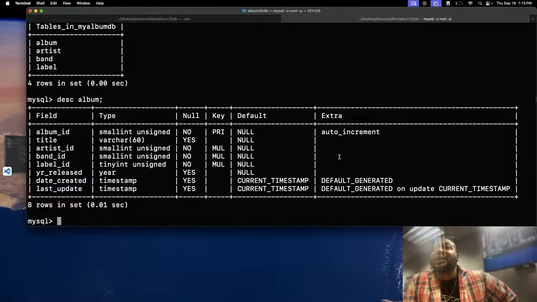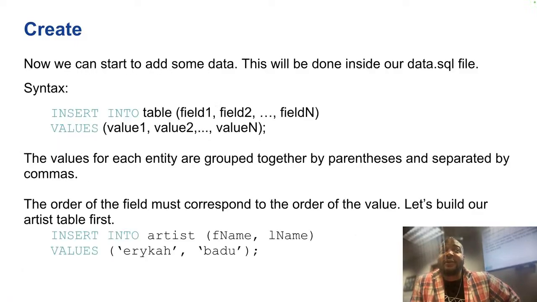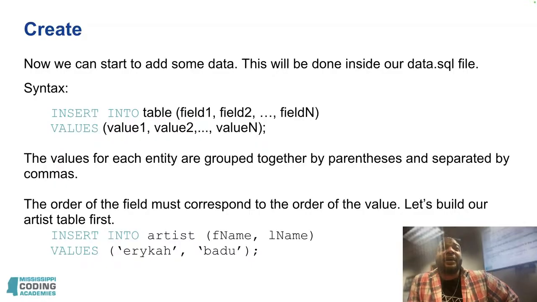It's not going to show up null. And then any kind of extra information, like album ID, we set that to auto increment, and here we see default generated. In other words, this is happening at the instance that an entry is included. So that's very useful information when you're building a database; you want to see how it's structured. That's going to help you later on.